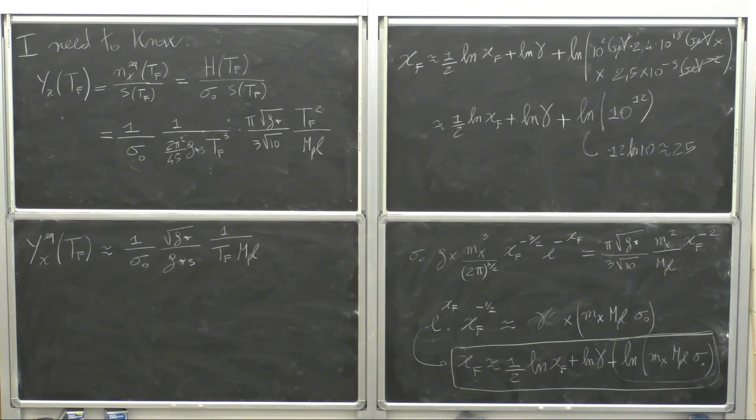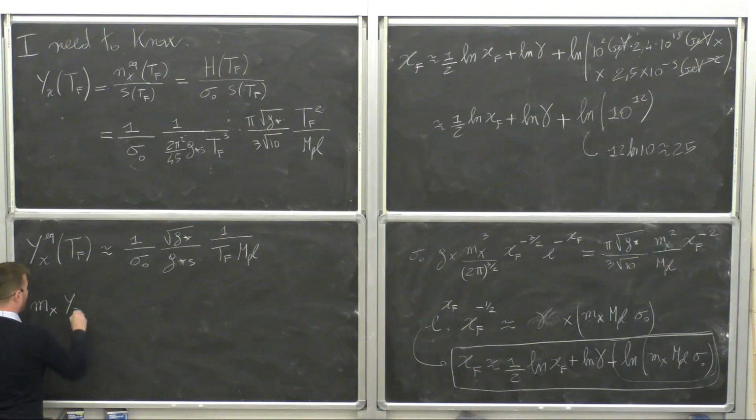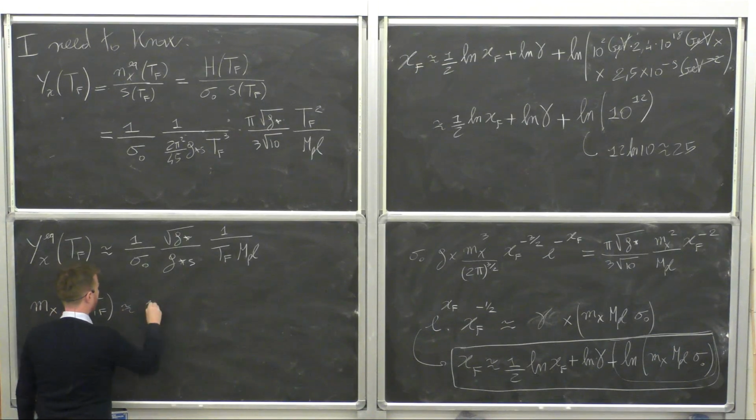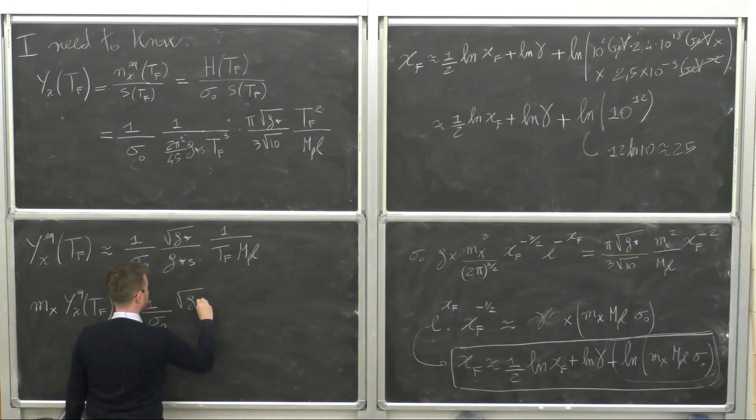Okay. So what I do is I take this equation and I multiply this by the mass of the dark matter. So I have m chi Y chi at T_F, equilibrium. This is what? This is 1 over sigma 0, square root of g star s.